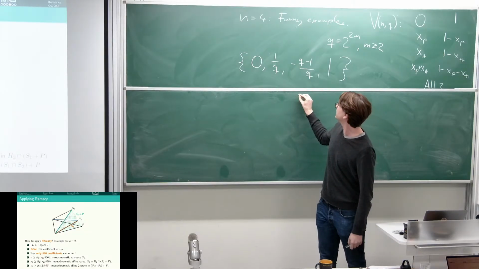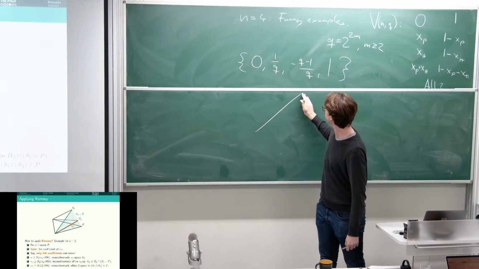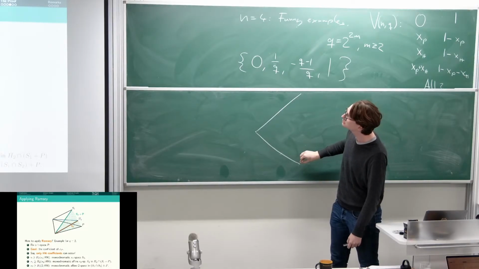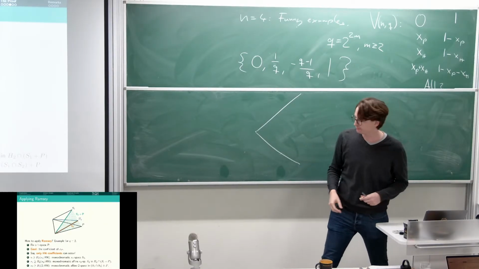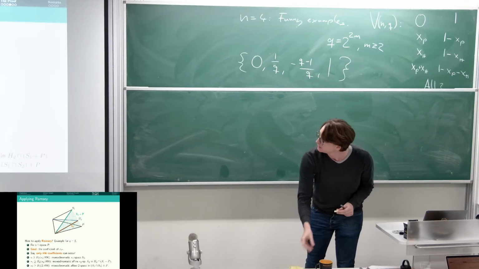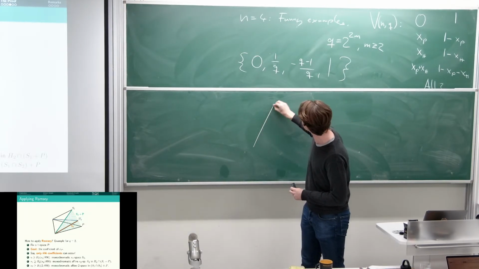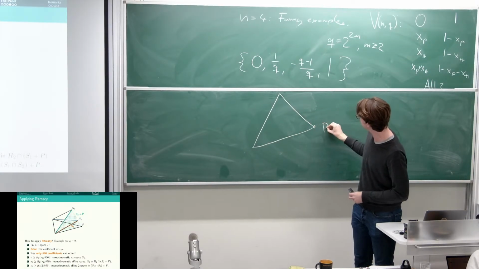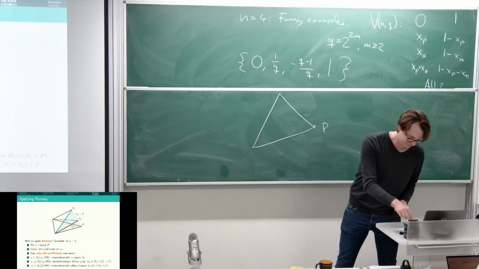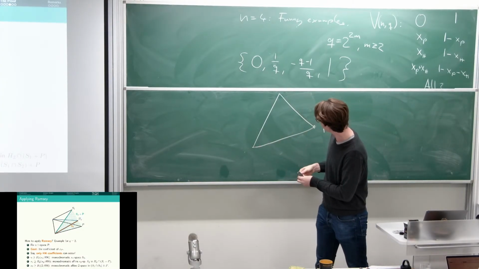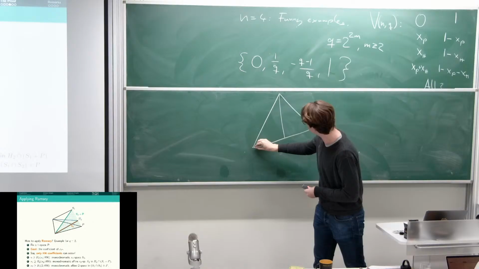This is slightly a lie, but you can think of this as a Fano plane. How do I want to draw it? I have to fit the orientation of my slide. My slide looks like that. Here we have our point P. And we have a Fano plane.